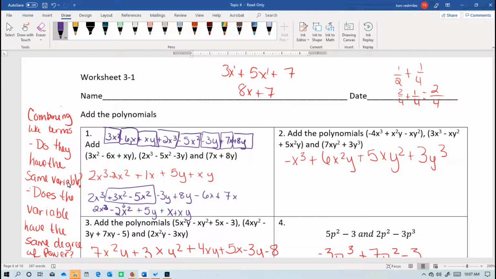Okay, so let's write this next one out and then do our order of operation. I'm actually going to write it out above so I have more room. And I'm going to add the last one to it.